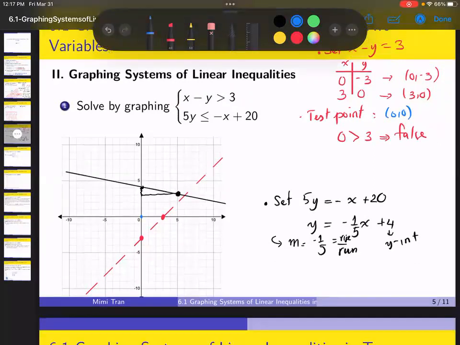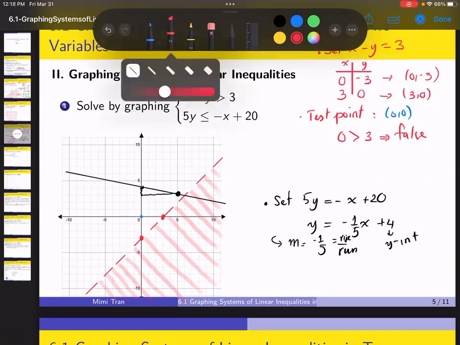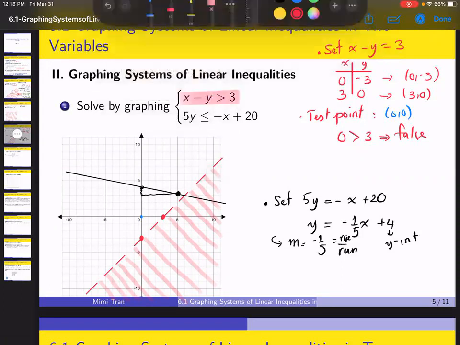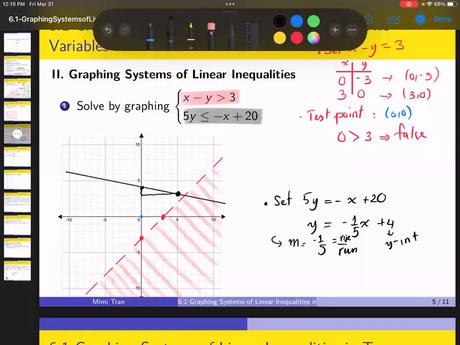So 0, 0 right there. If it's false, you shade to the opposite side. That's the red one. That's the black one.